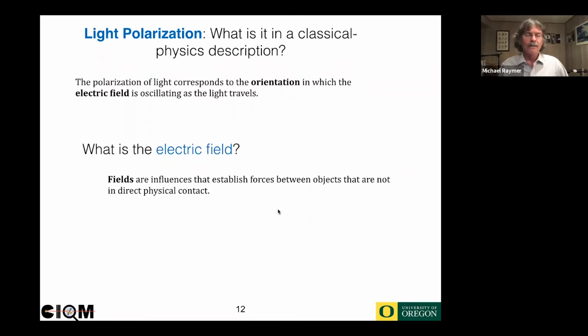So what is an electric field? A field is simply an influence that establishes forces between objects that are not in direct physical contact. Before Newton, even during Newton's time, people had a very hard time thinking that two bodies that were not in physical contact, namely touching each other, could actually exert a force on one another.